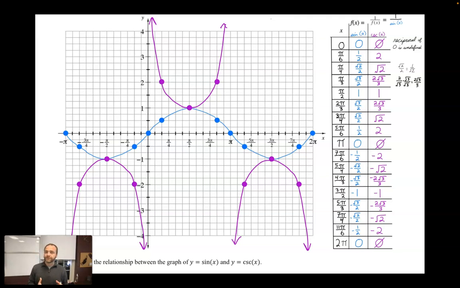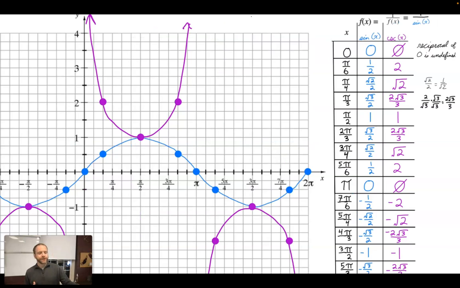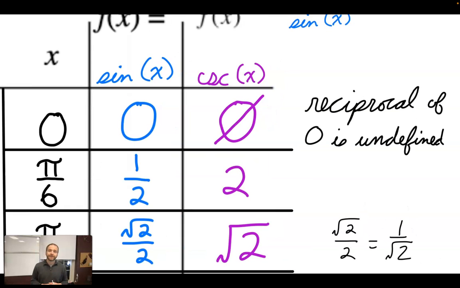It is the original sine function flipped, except we did not address one of the numbers. Now I didn't address the radical 3 over 2 or radical 2 over 2 because those are hard to plot, but there is an easy number in that table that we could plot. 0. All those zeros on that x-axis, those are crucial, because when I take the reciprocal of 0, I get undefined. And what does undefined look like graphically?